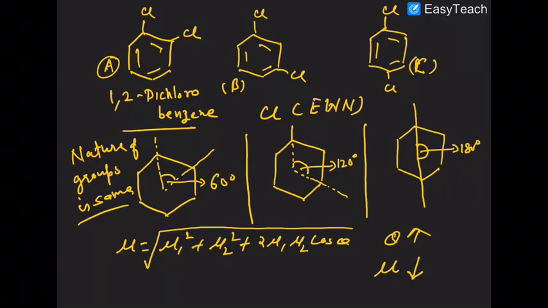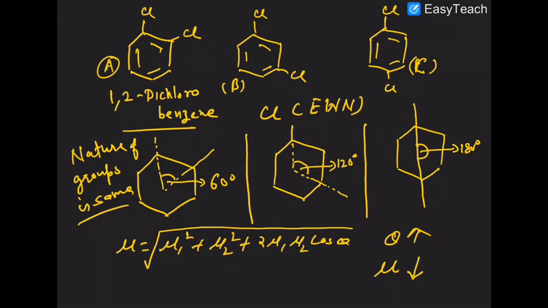When theta is 0, the value is maximum, and when theta is 180, the value is minimum. So it all depends on theta. Theta 0 means the same direction, and theta 180 means opposite direction.